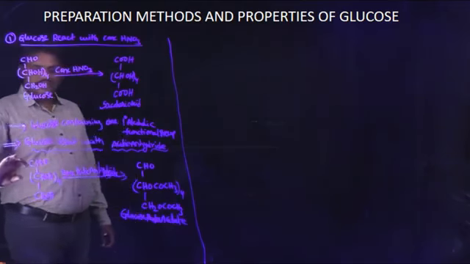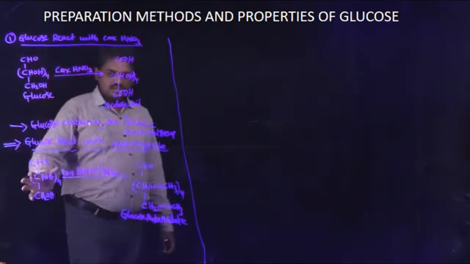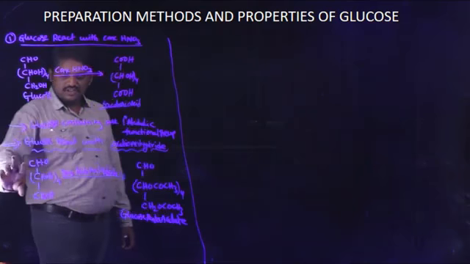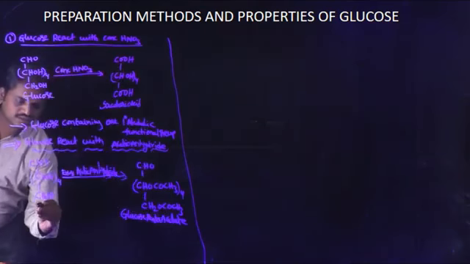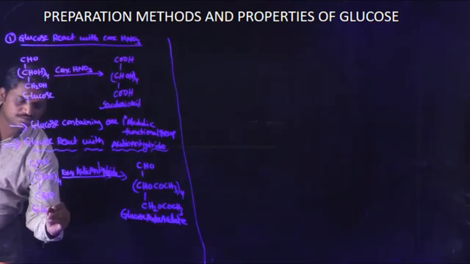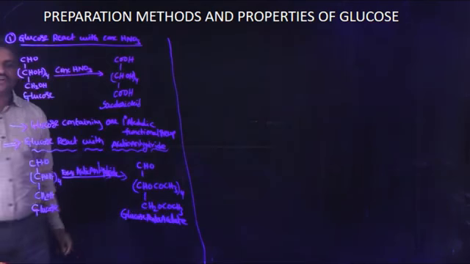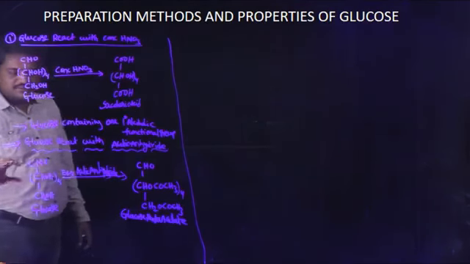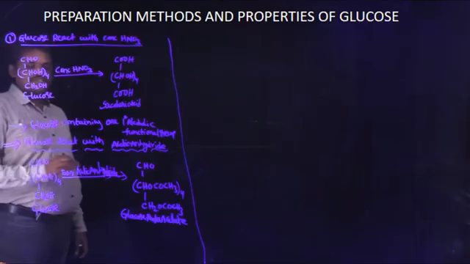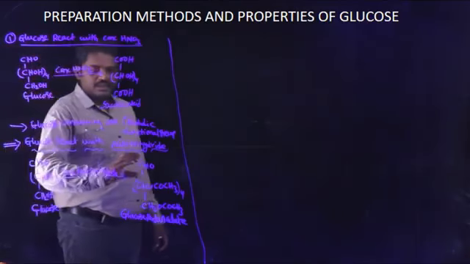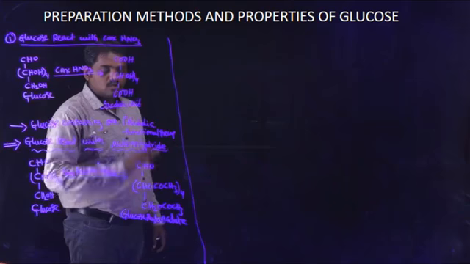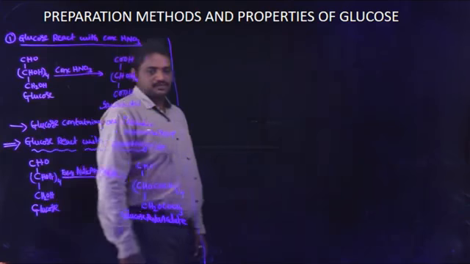Okay, students, this reaction is clearly observed. This is the glucose. A glucose molecule reacts with an excess amount of acetic anhydride and is converted to glucose pentaacetate.